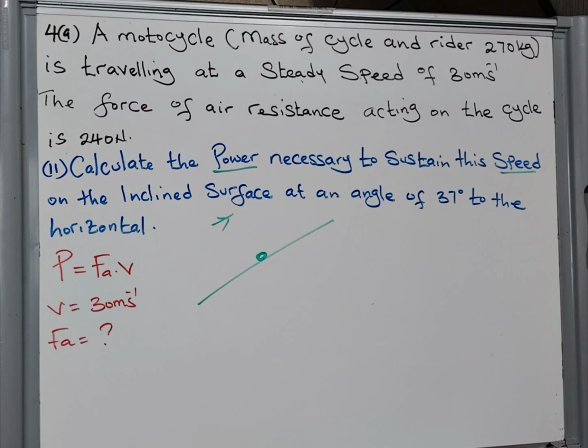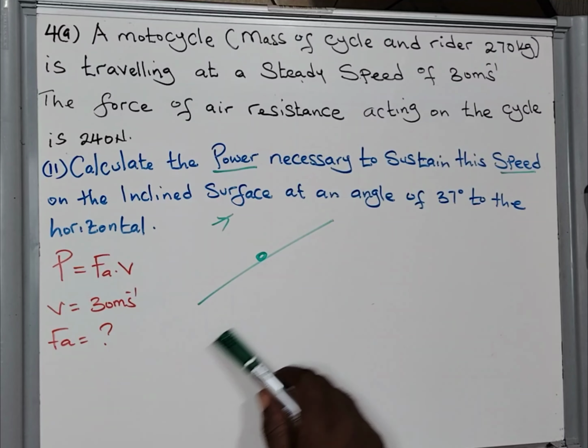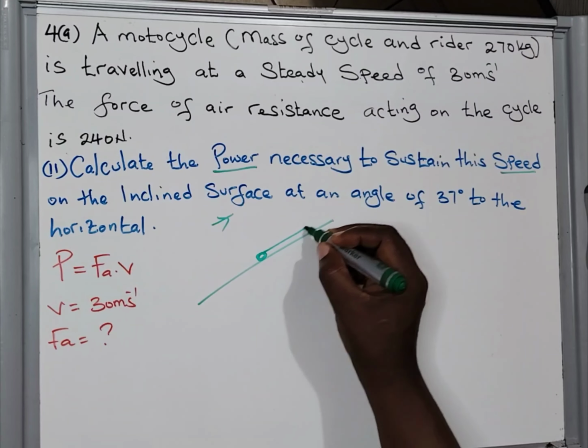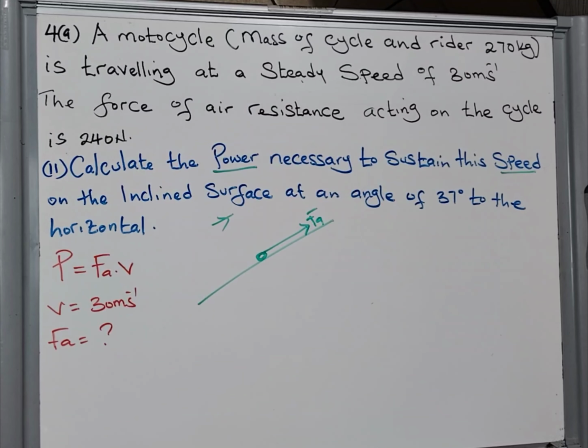It is simply not possible. So every time you have an incline and the body is moving up with a steady speed, expect applied force to be there. So we have applied force.